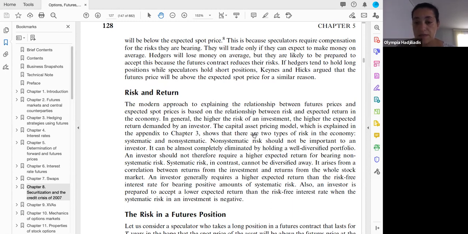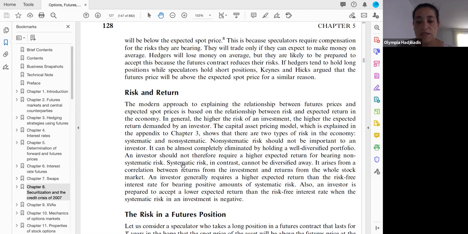The capital asset pricing model, which we already went through, shows that there are two types of risks in the economy: systematic and non-systematic. The non-systematic risk should not be important to an investor. It can be almost completely eliminated by holding a well-diversified portfolio. An investor should not therefore require a higher expected return for bearing non-systematic risk.